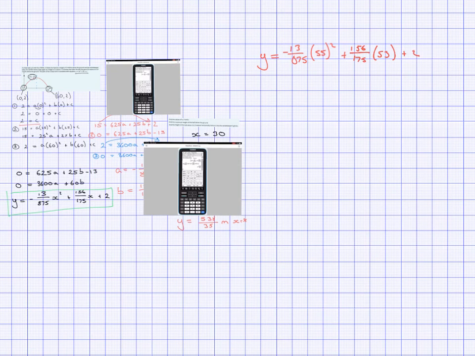And again, I'm not going to plug that into my brain because it hurts at the moment, so I'm just going to plug it into the calculator, and I'm going to find out that y equals 213 over 35 meters when x equals 55 meters.